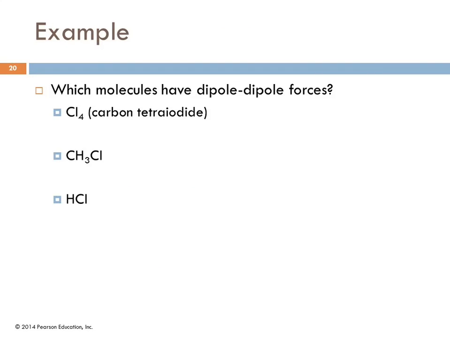So which of these molecules have dipole-dipole forces? How do we decide if something has dipole-dipole forces? We see if it's polar. So CI4, I wrote the name because it looks a lot like CL4, which doesn't exist. Carbon tetraiodide would look something like this.